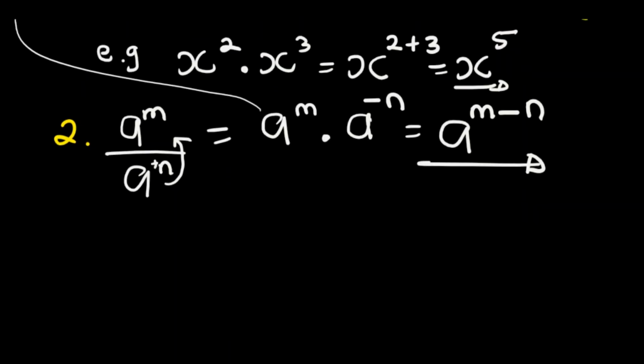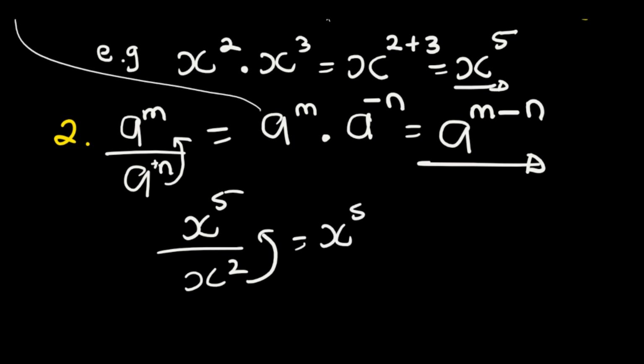Let's try out an example. Say we are having x to the power of 5 divided by x to the power of 2. So the first thing we're going to do is we're going to take the bottom upwards, and we'll have x to the power of 5 multiplied by x to the power of minus 2, because the sign of the power changes from the bottom to the top.